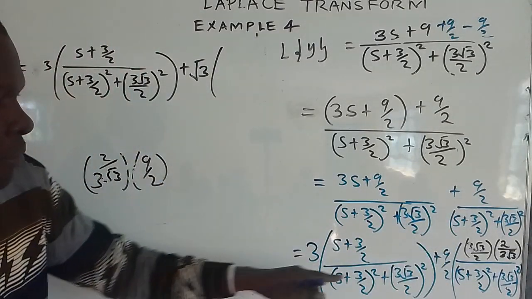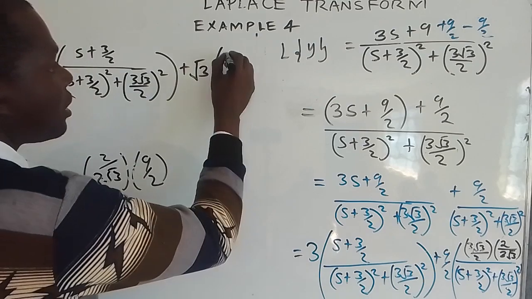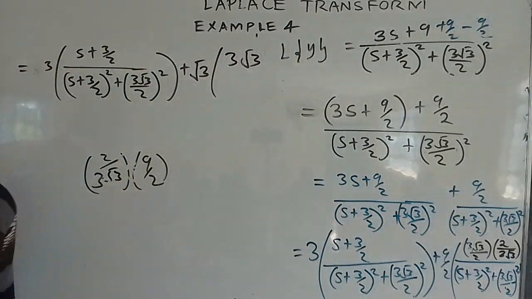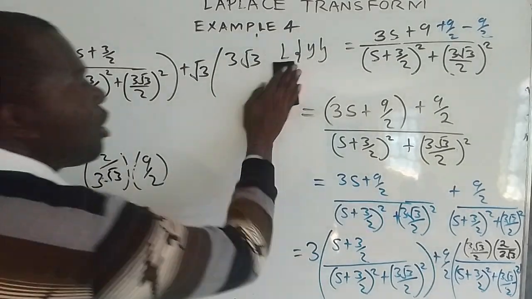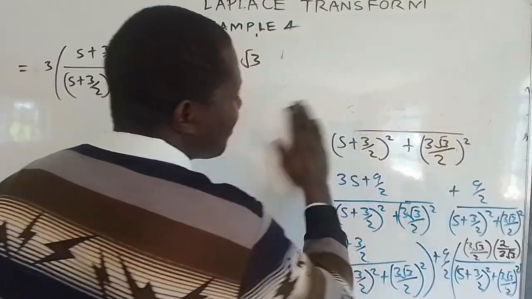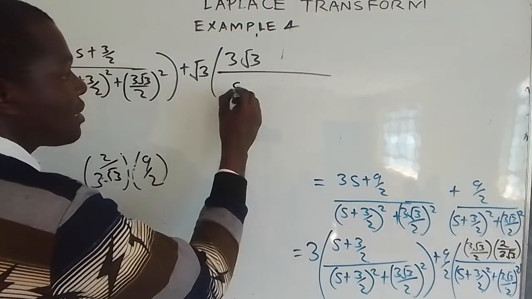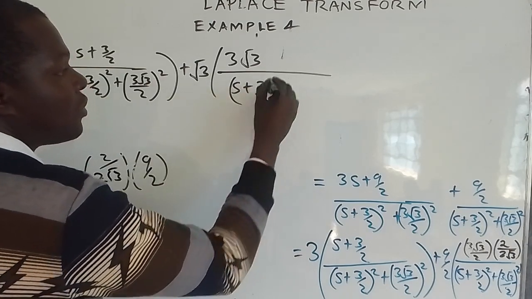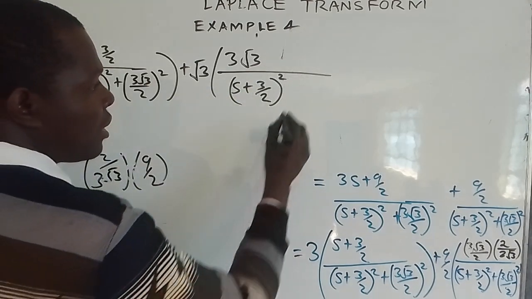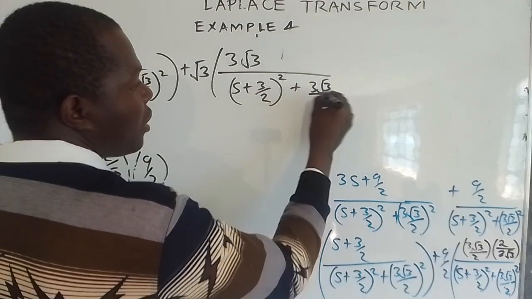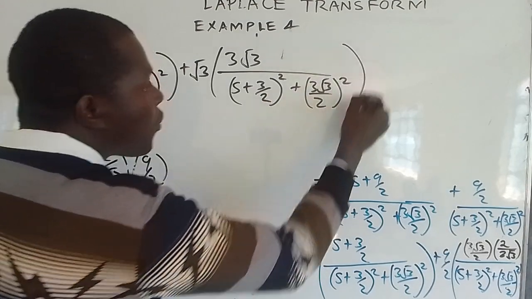What do we have? 3 root 3 over s plus 3 over 2 squared over 2 squared.